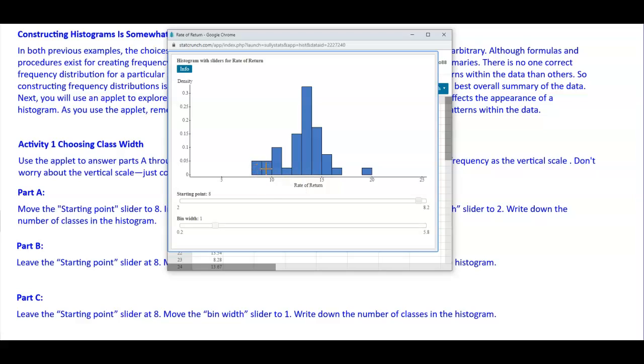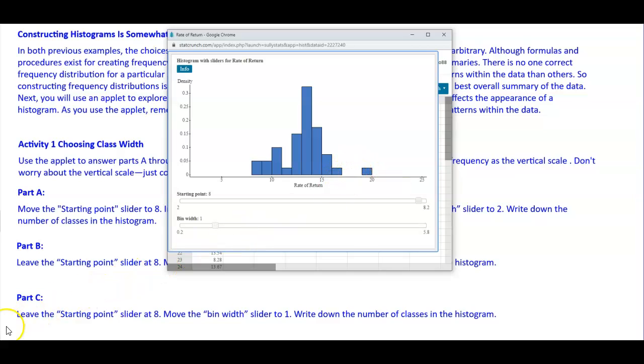So we have 1, 2, 3, 4, 5, 6, 7, 8, 9, and then we should have 2 in here. So 10, 11, and then this makes this 12. So we actually have 12 classes, and these ones here would be considered a 0 for the value above the bar because we don't have any there.